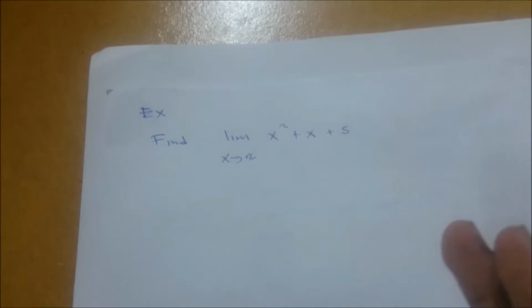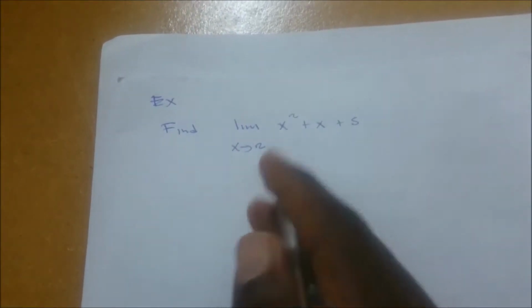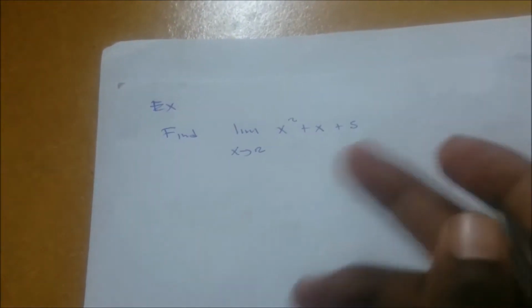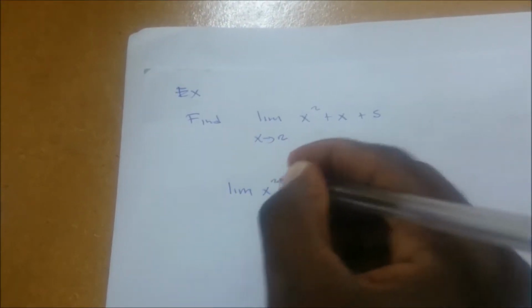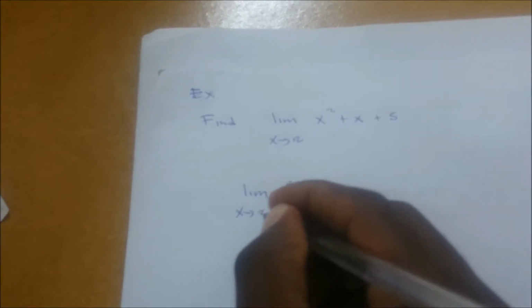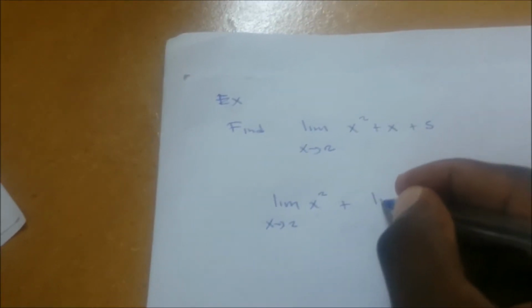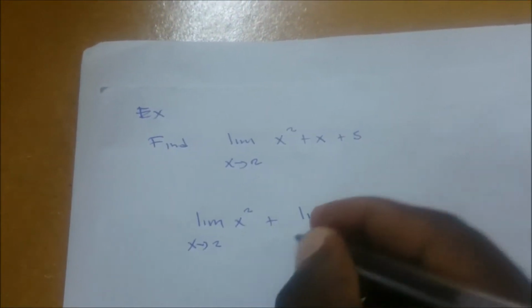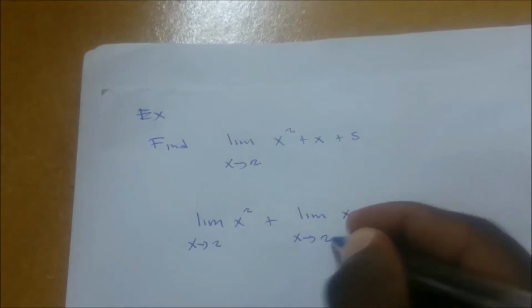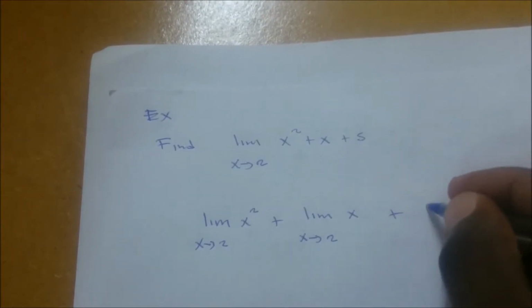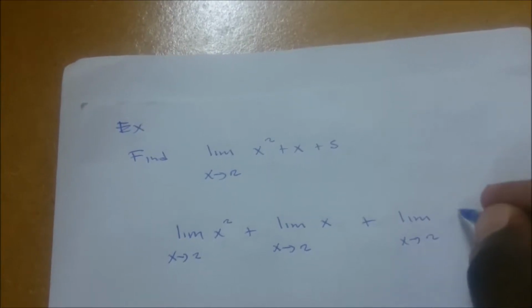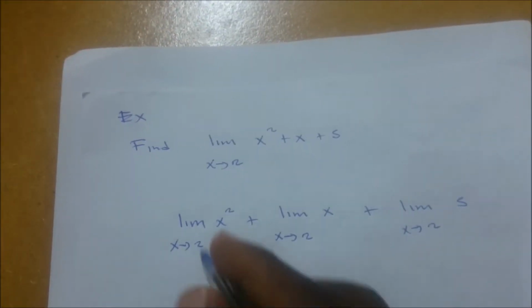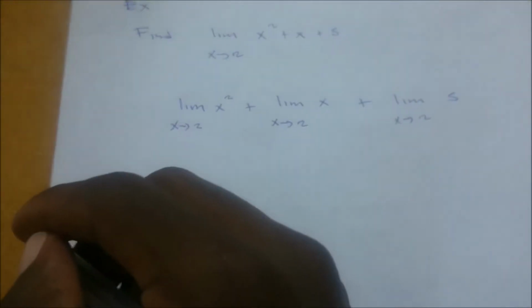So according to the rules, what's the first step? We distribute the limit. We are going to have the limit of x squared as x is approaching 2, plus the limit of x as x is approaching 2. So the limit always moves with the x approach. Plus 5.